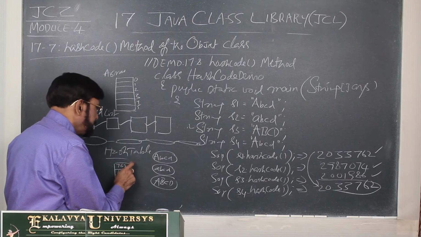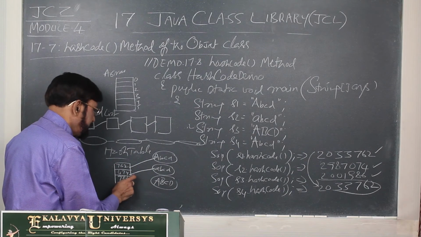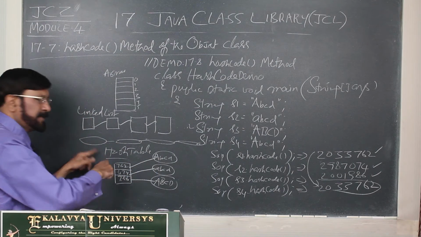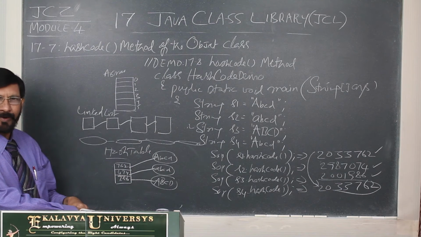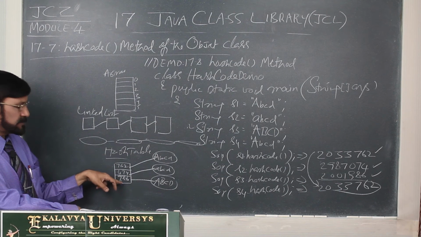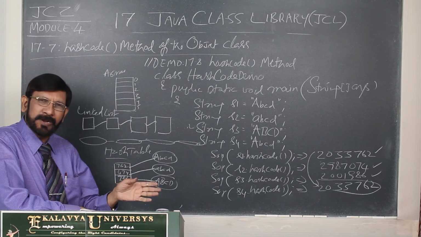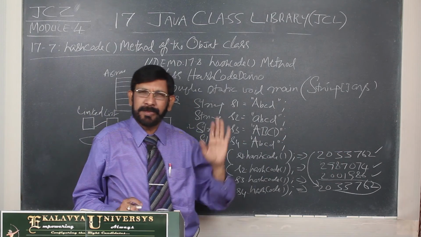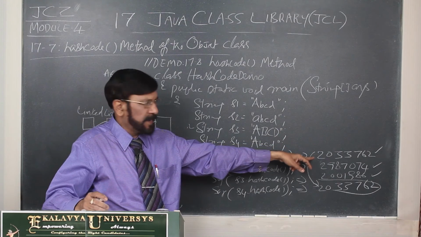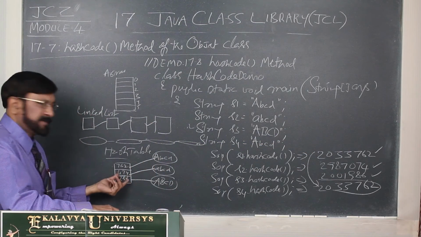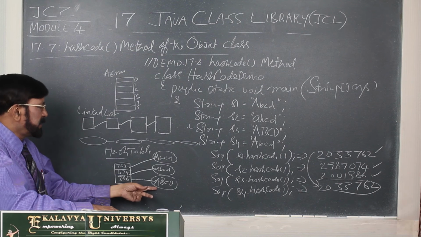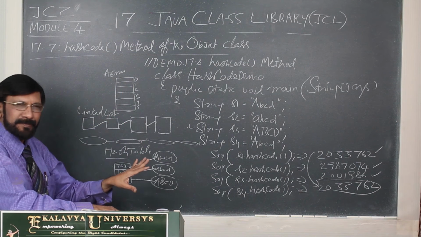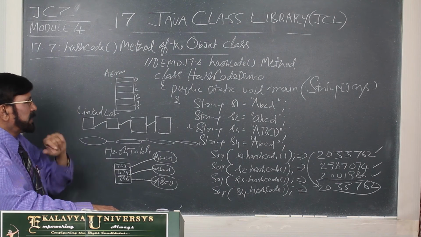Now, you see this is the hash table. Like an array, it maintains entries, because there is no question of duplication. All are unique. For every unique object, a unique hash code is allocated. Now, these are disseminated. Just compare with an array like this.